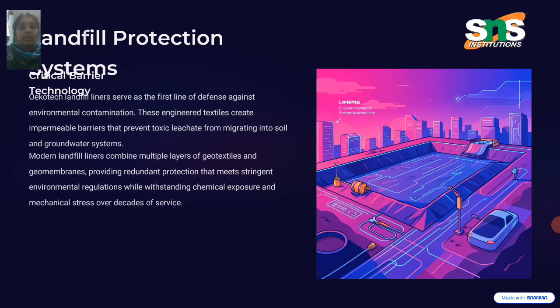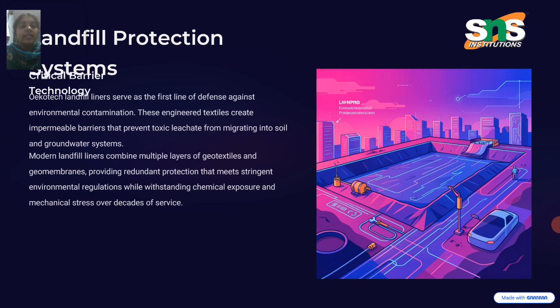Landfill protection system. So, in this technology, the Oeko Textiles liner serves as a first line of defense against environmental contamination. This engineered textile creates the impermeable barriers that prevent the toxic leachate from migrating into soil and groundwater systems.